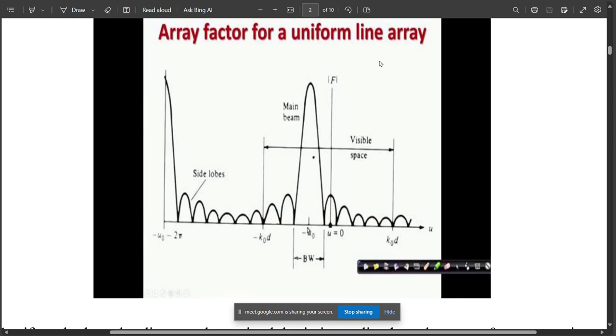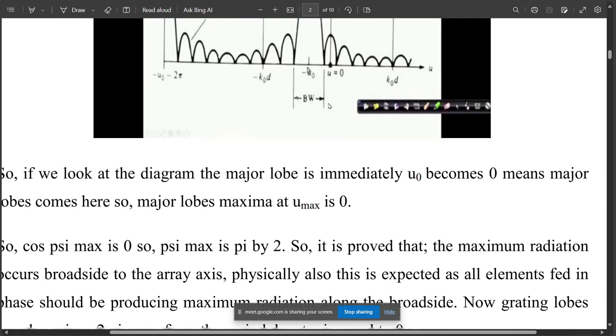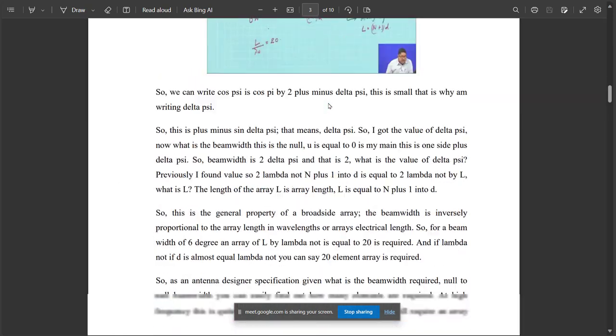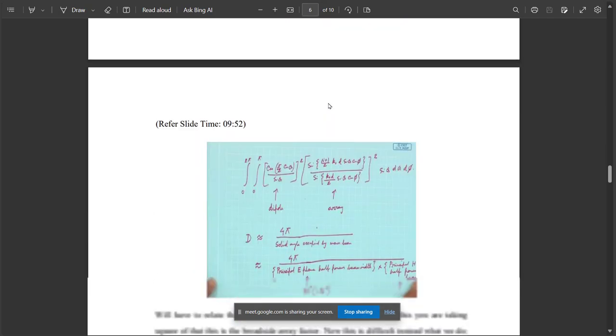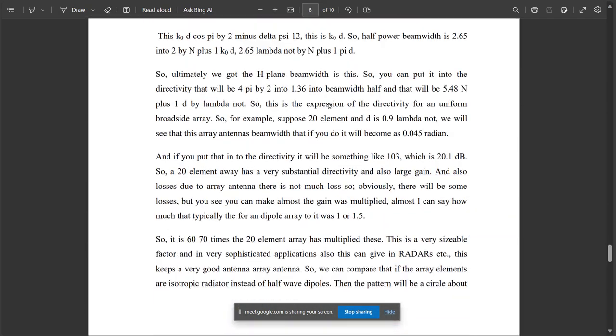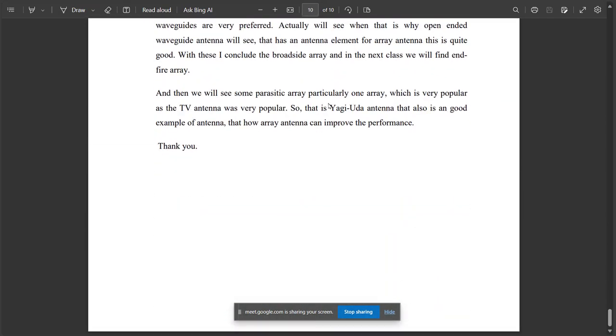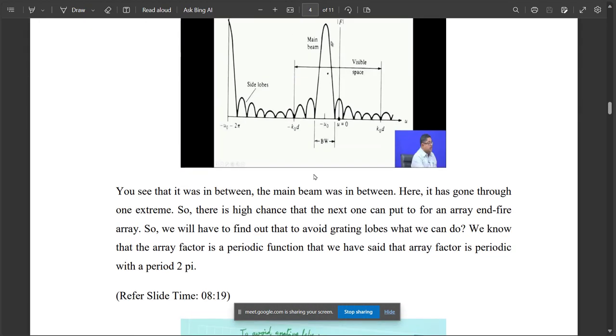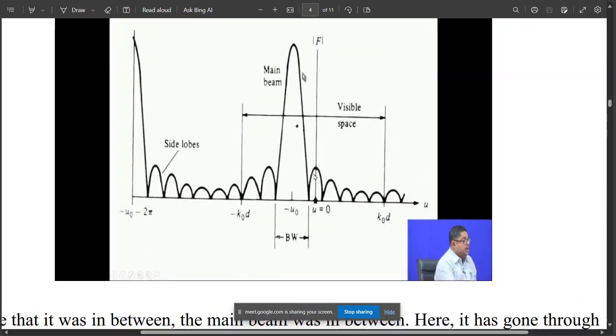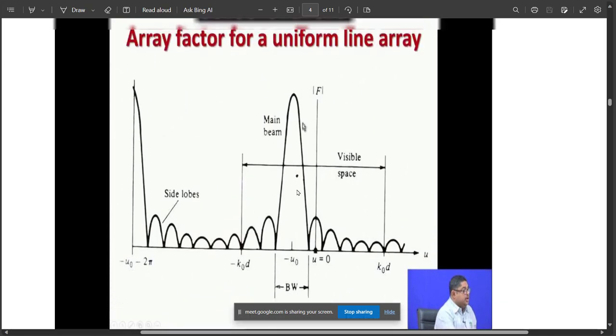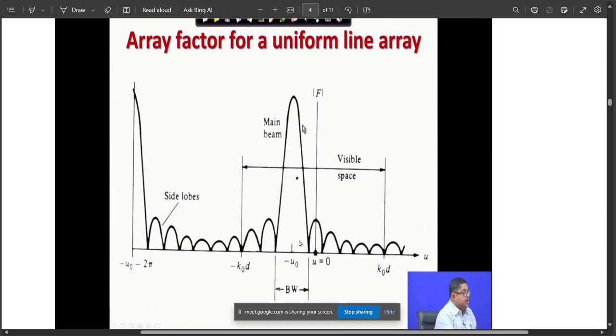Sir would have already told you in class that the main beam occurs at u equals minus u naught.